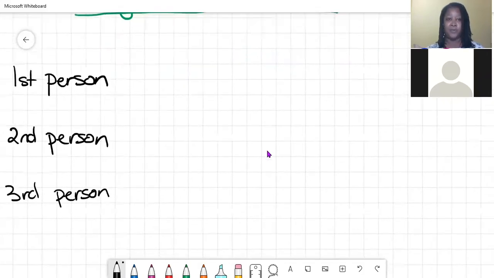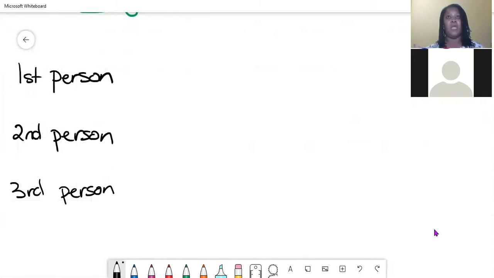The first person is, generally speaking, the individual who is doing the speaking, and that tends to be I. For the second person, it's the first person making reference to another person: I am talking to you. And for the third person, you and I are talking about him or her.